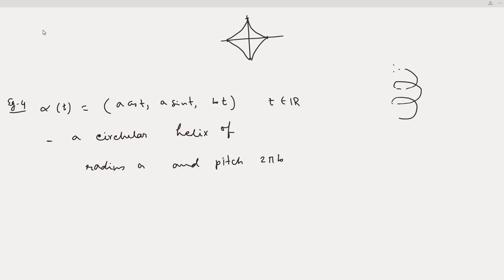This is the picture, with the x, y, and z axes. The radius is a, and pitch means the distance between two vertical points, so this is 2 pi times b. So this is a circular helix, though the picture is very bad.